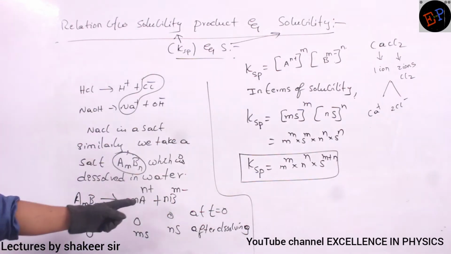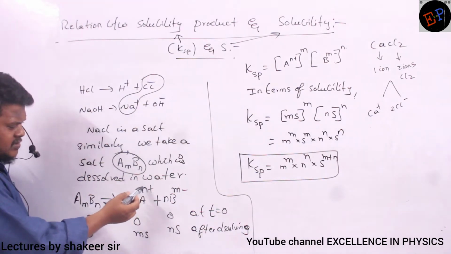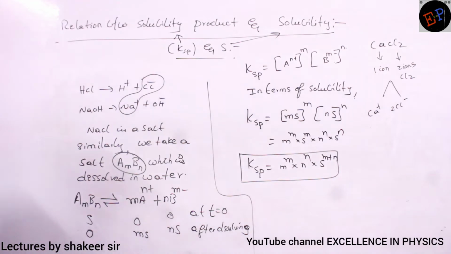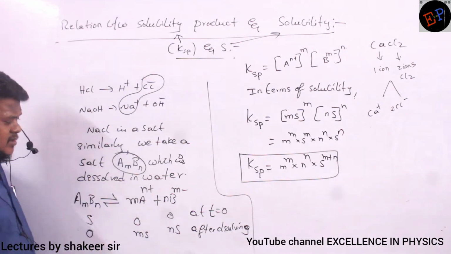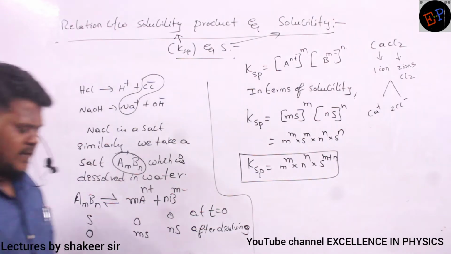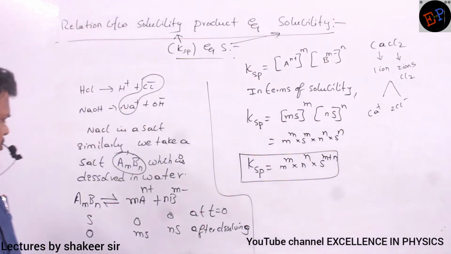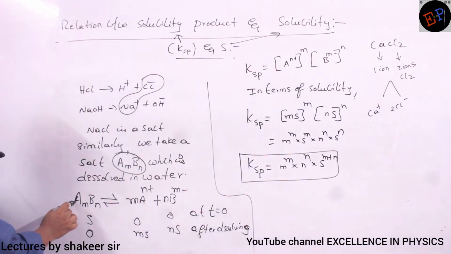Can you say why it has dissociated like this? Why did I get A to the power n plus here? Can you explain, anybody? To this ion of A, how many ions of B are attached? n ions of B are attached, no?